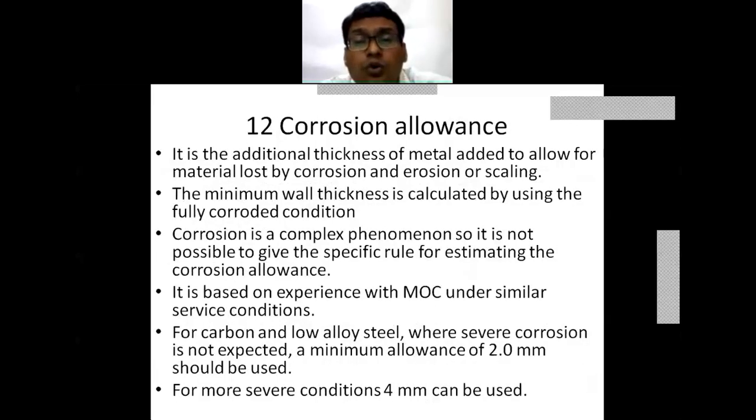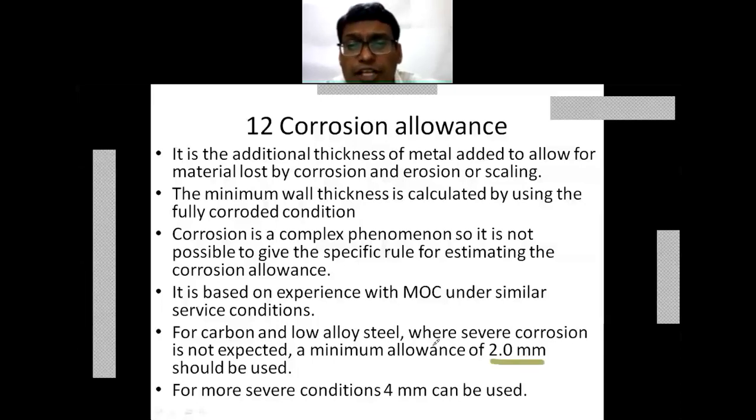Then the corrosion allowance that is to be added is the additional thickness of metal which is taken into consideration while designing. Generally we add 2 millimeter metal thickness for the design purpose, in addition to the theoretical requirement.